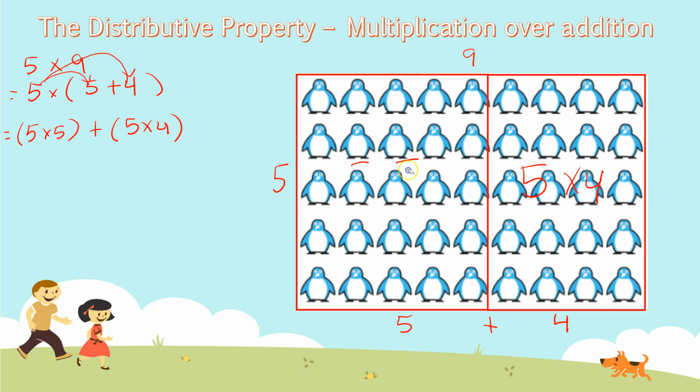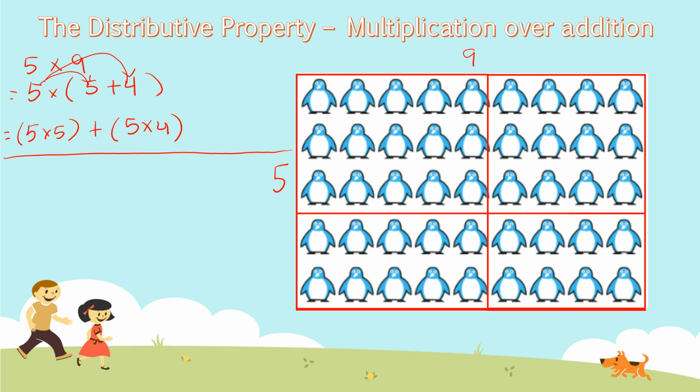All right. Now, instead of looking at it in two arrays or two rectangles, I can go ahead and look at it in even smaller rectangles. Let's say if I would do this.